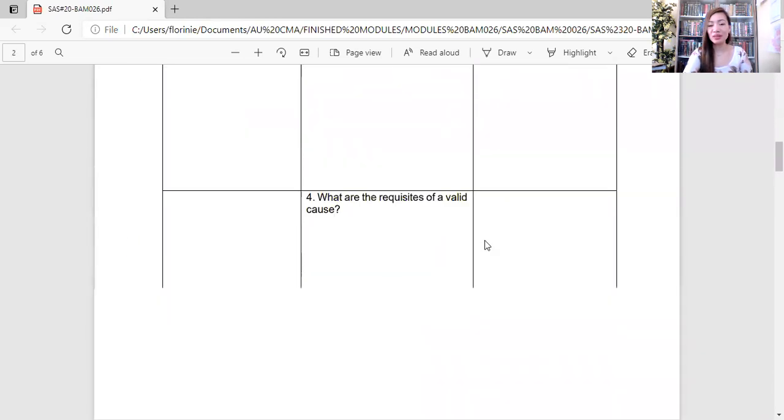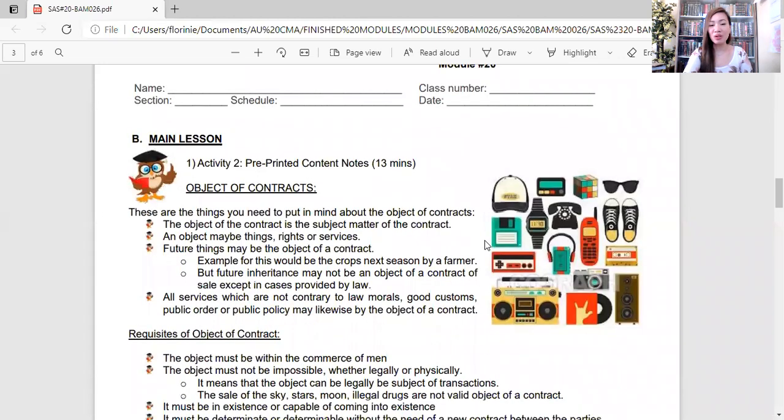Moving on to our main lesson. As I said, look around, no? What do you see around you? Lahat yan ay object. However, hindi porket lahat yan ay object ay ibig nang sabihin, pwede na siyang maging subject or object ng contract.